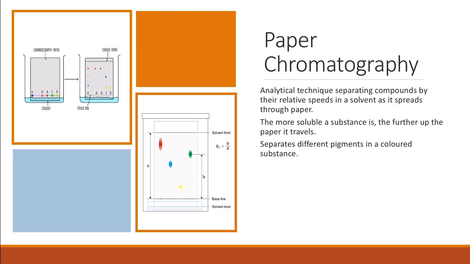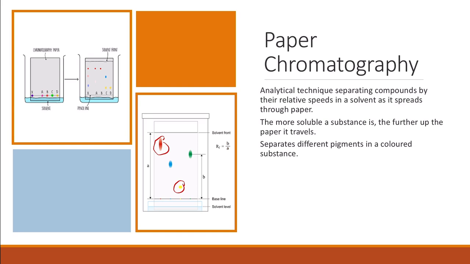If it has more solubility in the solvent, it will move faster through the paper. If it has less solubility, it will move slower. We measure the distance that is traveled by each component, and then we can say whether we have a specific dye or a specific component in that mixture or not.